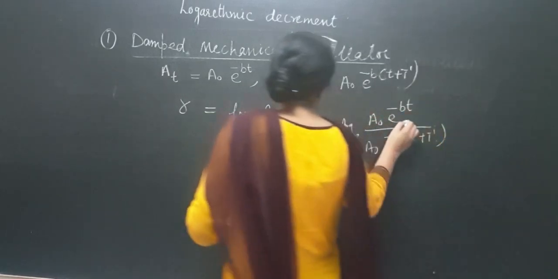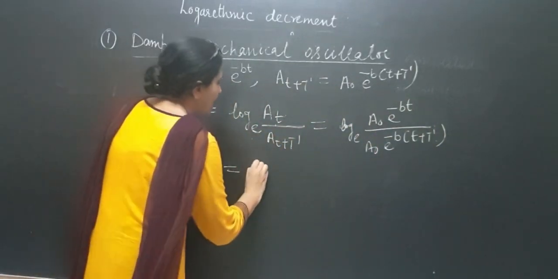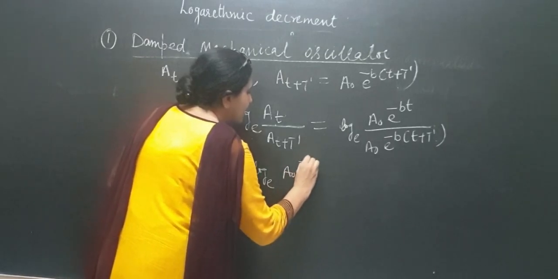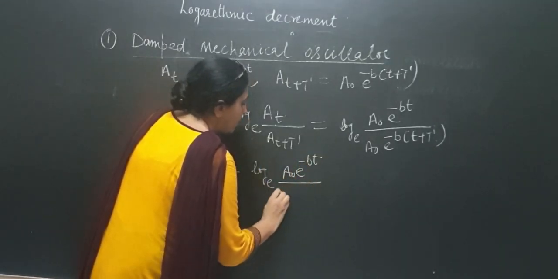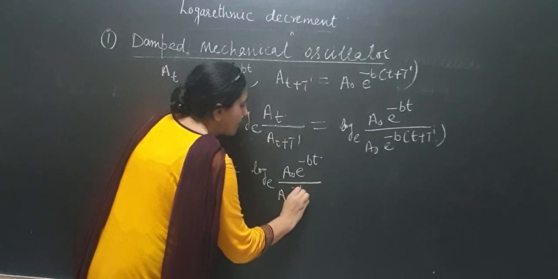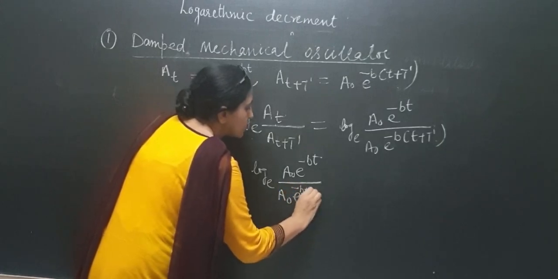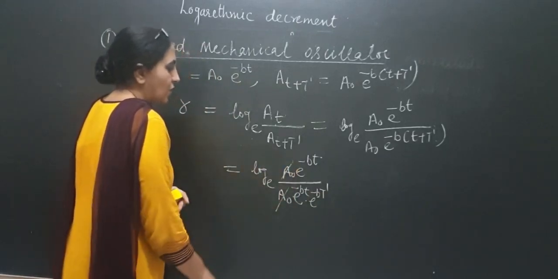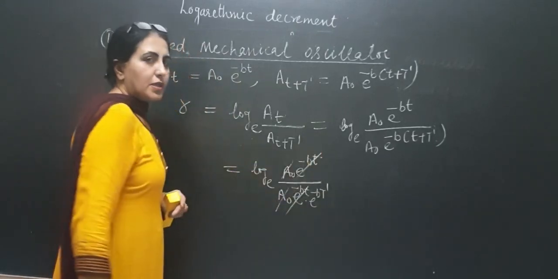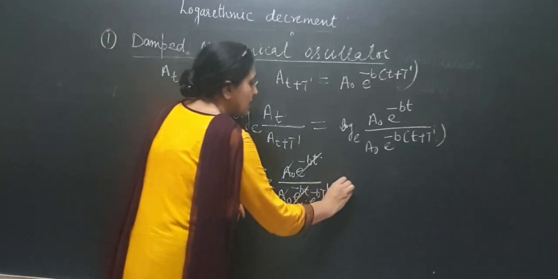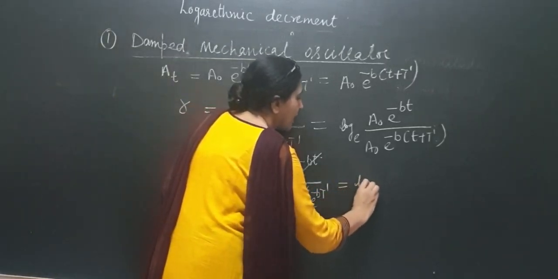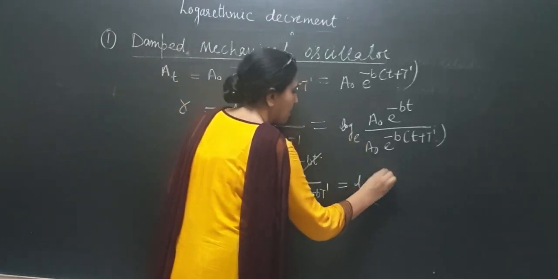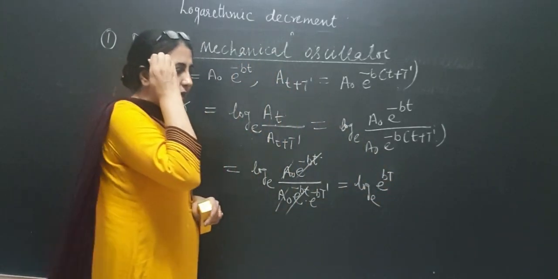Now solve this: that is log of A naught e raised to power minus bt divided by e raised to power minus bt into e raised to power minus bT dash. A naught goes with A naught, e raised to power minus bt goes with e raised to power minus bt. So this is log of e raised to power bT dash; the negative sign goes upward and becomes positive. Clear?